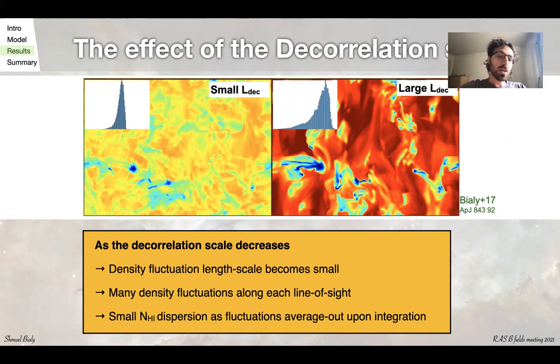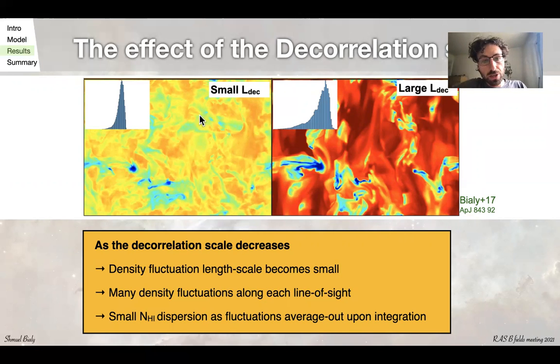Because what happens is if the density fluctuations are very small, then there is an averaging effect. And along the line of sight, when you integrate everything, you get a smaller dispersion for the column density of the molecule of interest. However, if the density fluctuations are large in their extent, then you don't have this averaging effect, and the PDF of whatever you observe is typically wider.